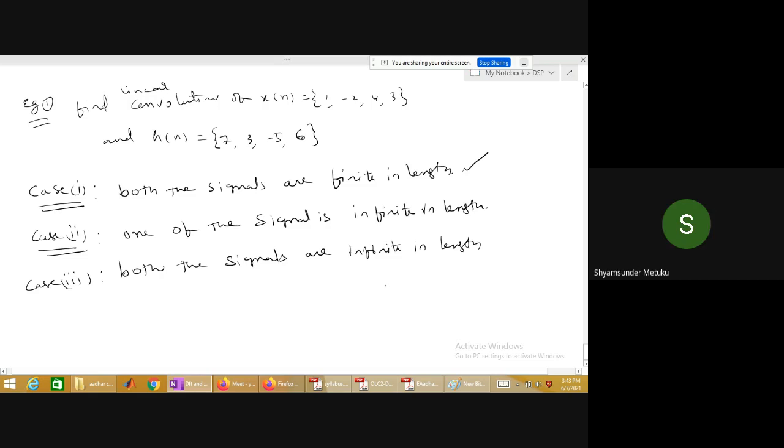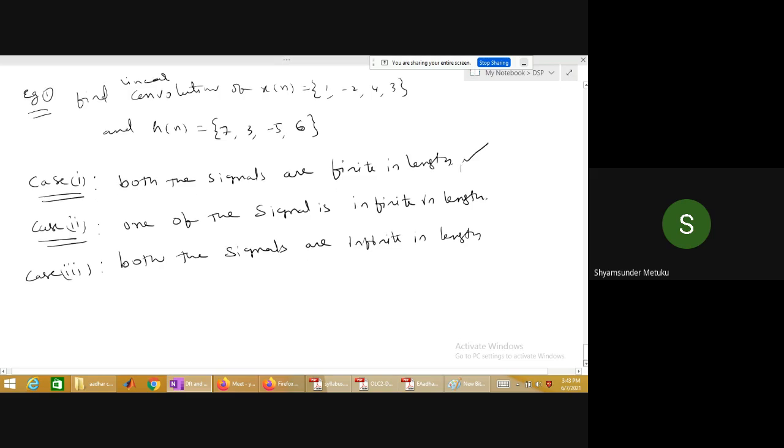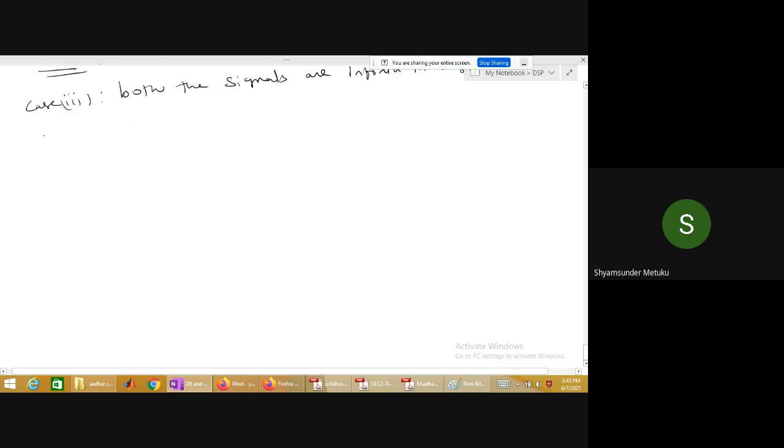Yes, sir. So whether it is case 1, 2 or 3, anything is okay. There is a very simple rule given for convolution. If the length of x is capital M, and the length of h is capital N, then the length of y, which is the output, is M plus N minus 1. Is it clear?